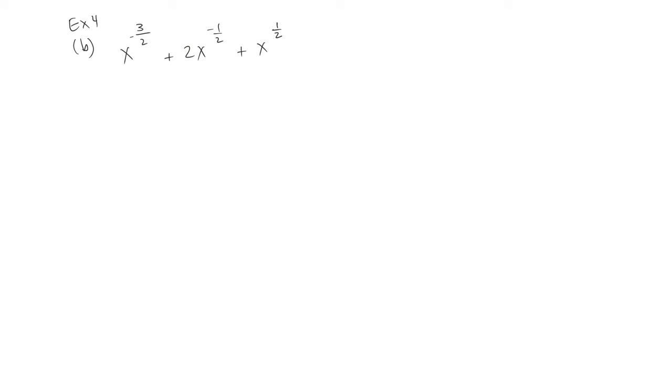All right, let's try another one. All right, so I'm seeing negatives. And so what I do is I think, okay, who is smallest of you all? And it looks like negative 3/2. Okay, so that's the thing that I'm going to factor out. Out comes my x to the negative 3/2. Okay, so when I do that, I know I'm really dividing by that. So I take my original exponent.